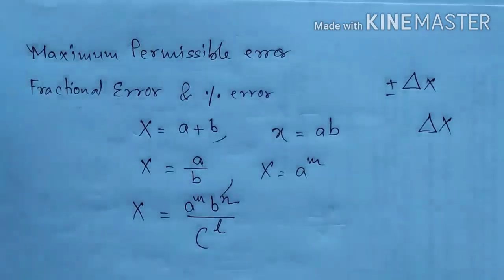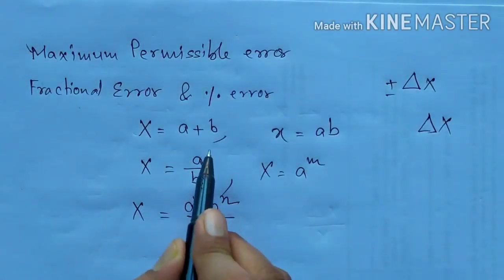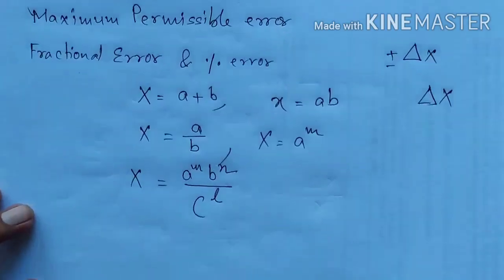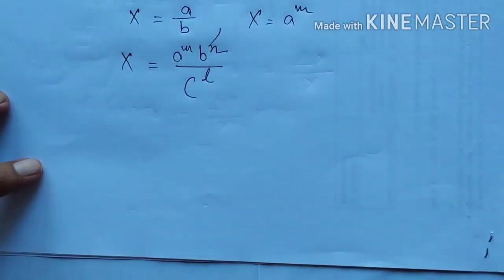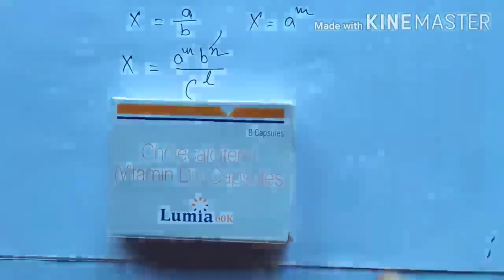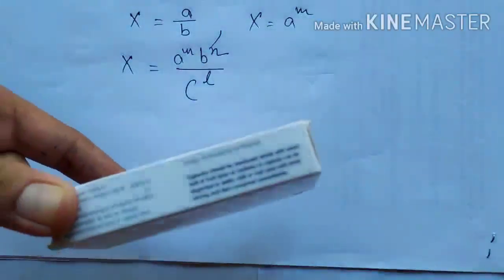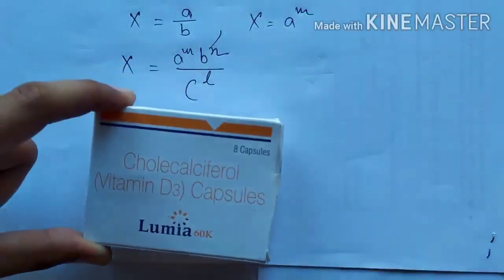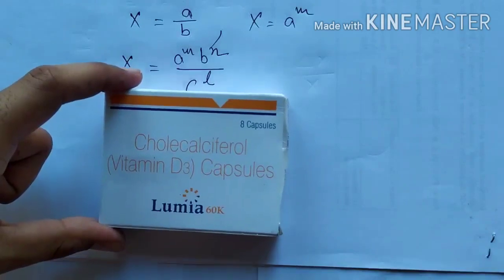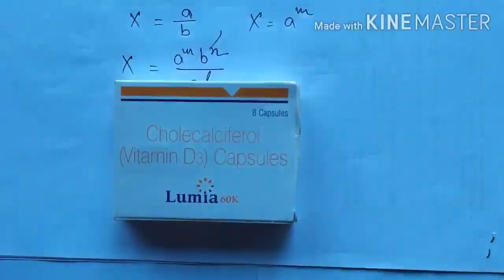Now let us try to understand what is the meaning of X equal to A plus B. Suppose I give you this box. This is a three-dimensional object. You can see it is just a box of some medicine, I have chosen for ready reference.